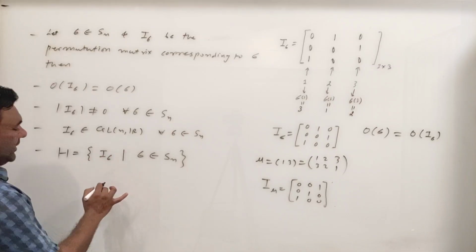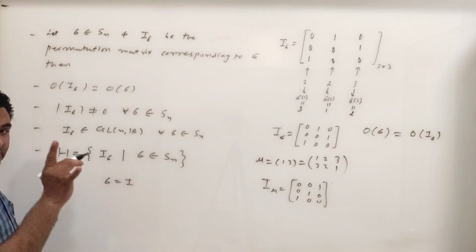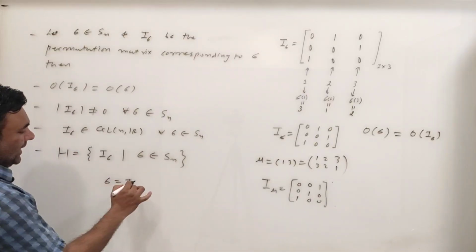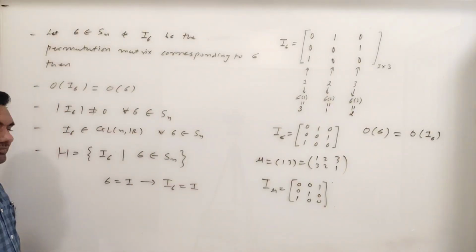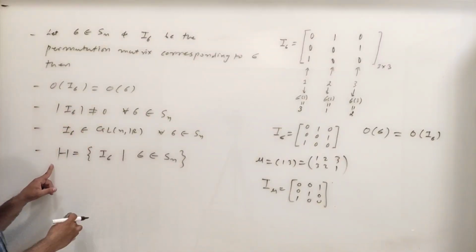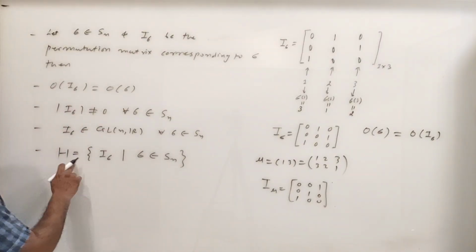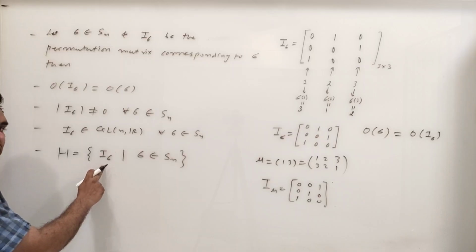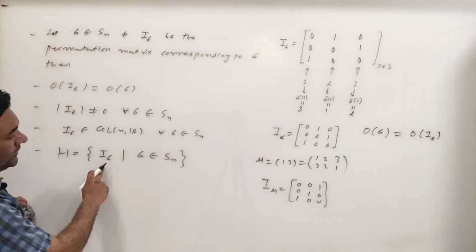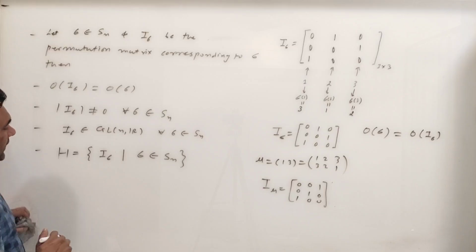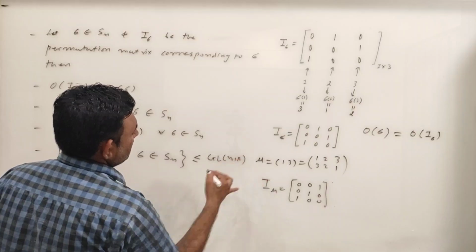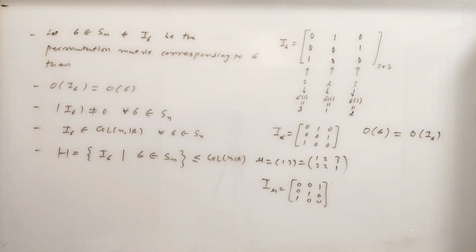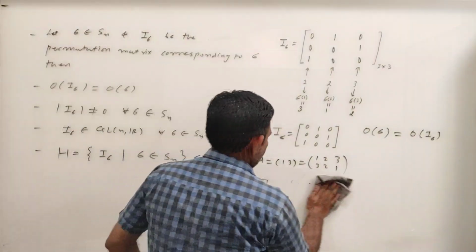When sigma is the identity permutation, I sigma is the identity matrix, right? So the identity matrix is also here. So H, the set of all permutation matrices, will be a subgroup of GL n R, right? And you can prove this also.